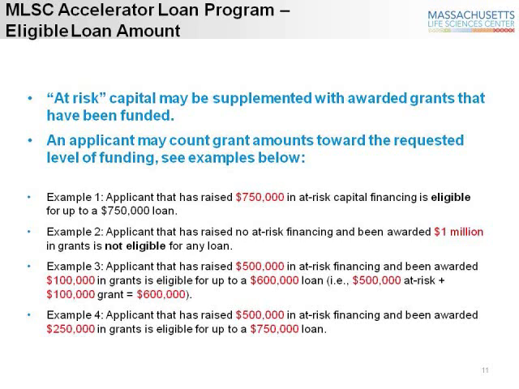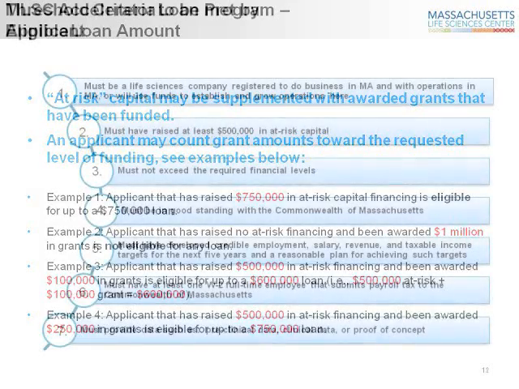So hopefully that gives you a good idea. If you have any questions, you can certainly send us a question on your amount to accelerator@masslifesciences.com, or you can read the slides or the FAQ where it explains this topic in a little more detail.